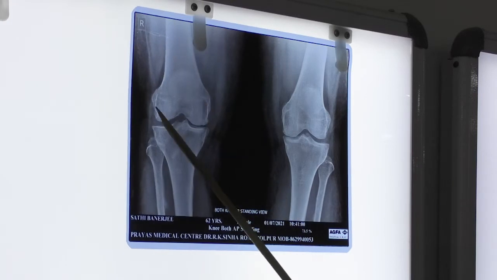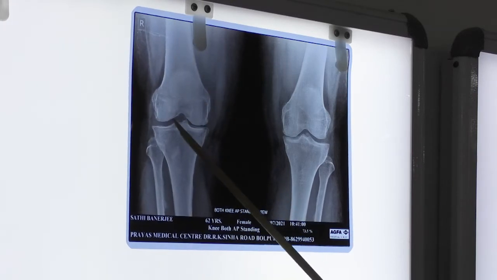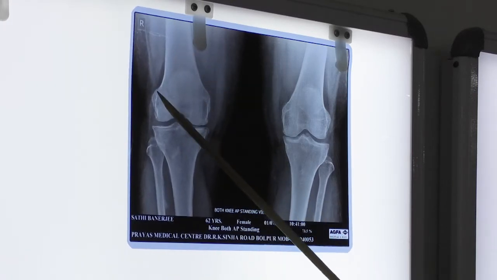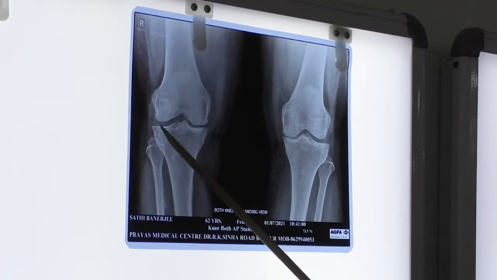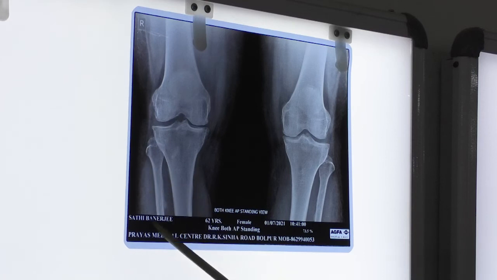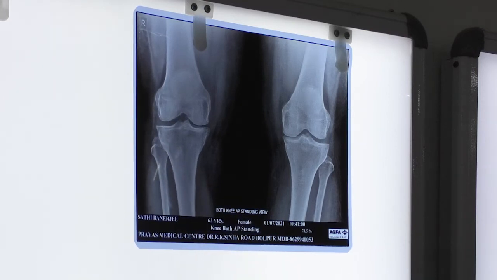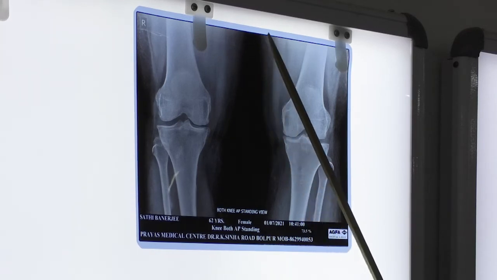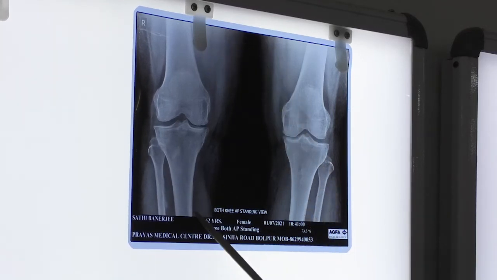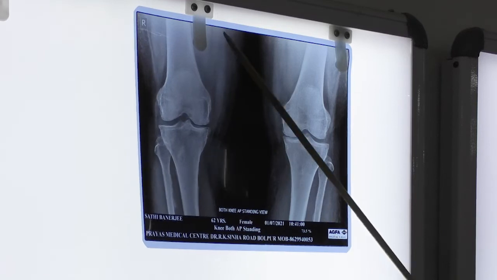In AP view, what can we find? The lower end of the femur, the upper end of the tibia and the upper end of the fibula. And also we can see the soft tissue shadows. These are the grey color shadows.